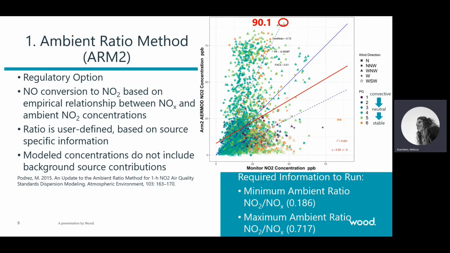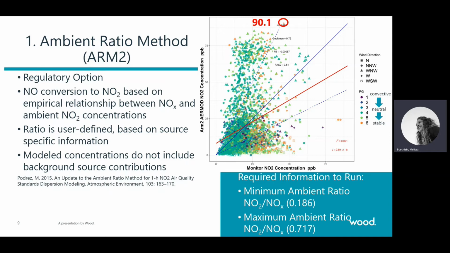So it is not specific to just airports. However, ratios have been developed for each different source type. The ambient ratio is a user input with a minimum value that we used of 0.186 and a maximum ratio of 0.717.